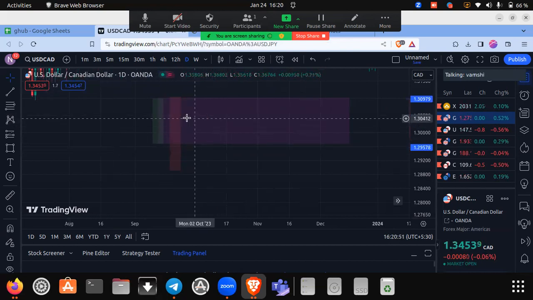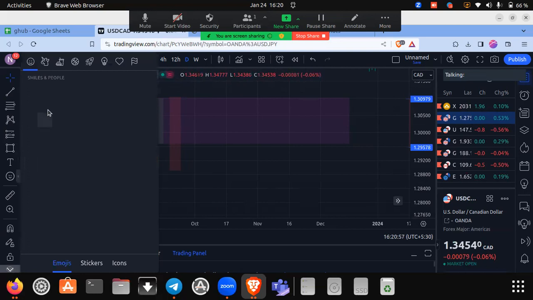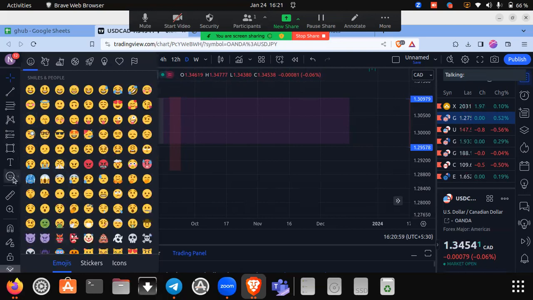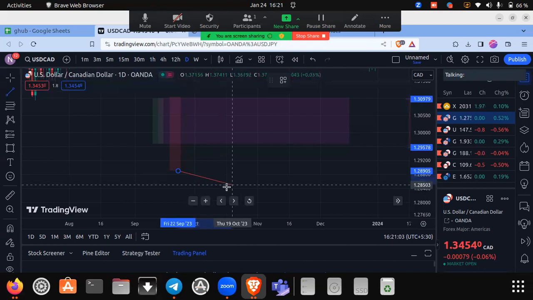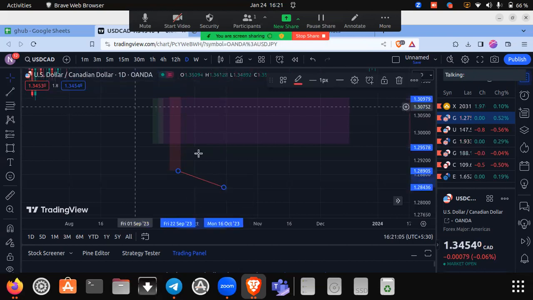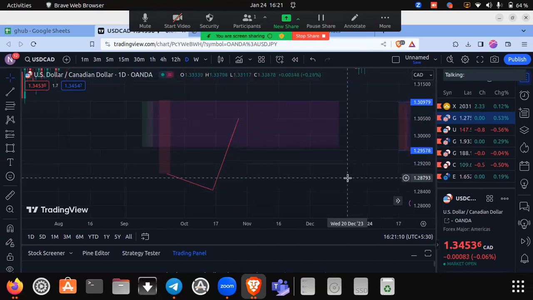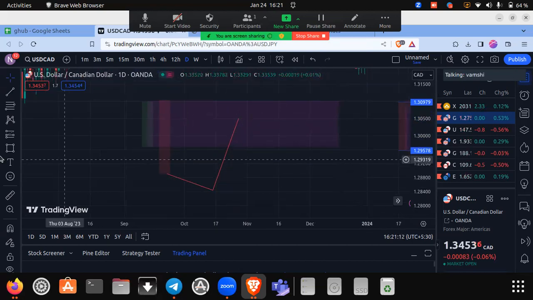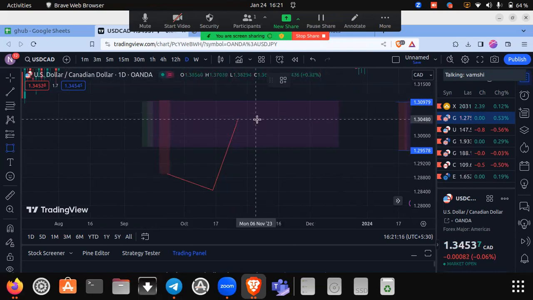But now since this zone, same as engulfing buy fail, here in this zone, the green candle closes above an engulfing sell zone.